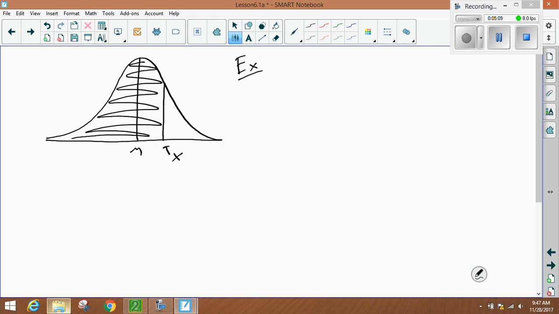So really we're going to be doing a lot of the same work, but we're going to add some different notation. All right, so we have, for example, weights of 3-year-old females. We have some data about them.